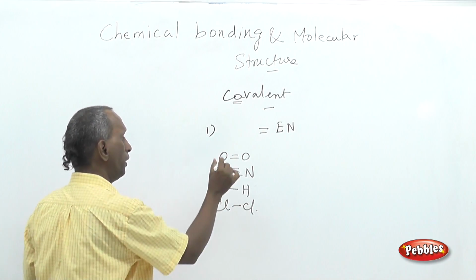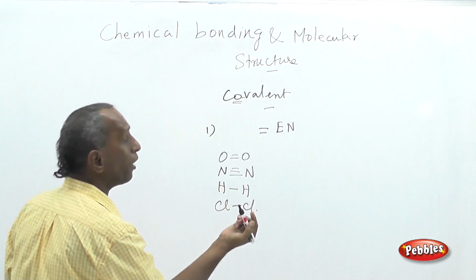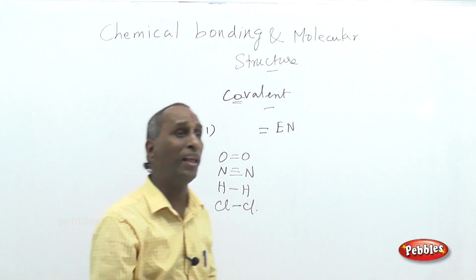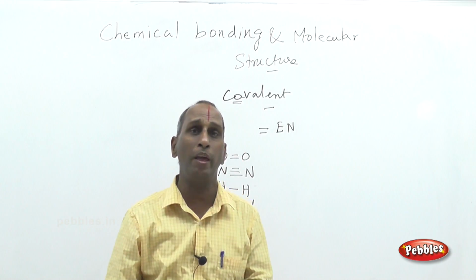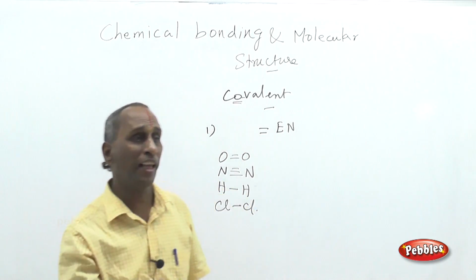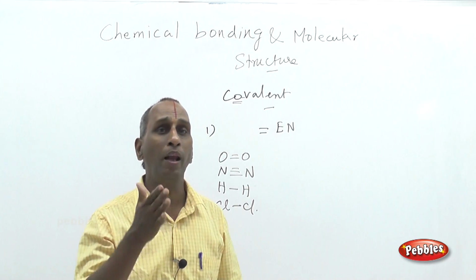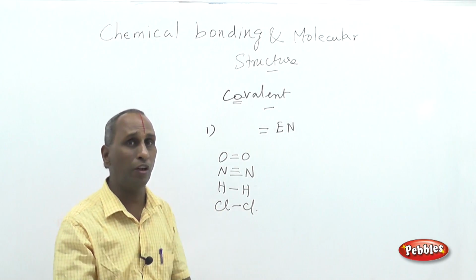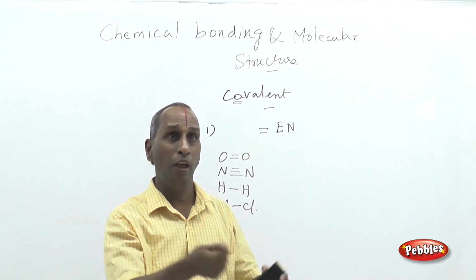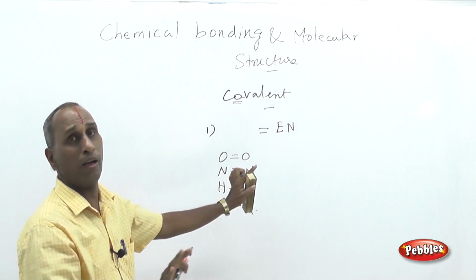If it moves towards one of the atoms, it becomes ionic. Here we are discussing covalent. A covalent bond is considered formed when the participating atoms have equal electronegativity, equal power of attraction of the central electron pair. If they equally attract, it will be only at the center.